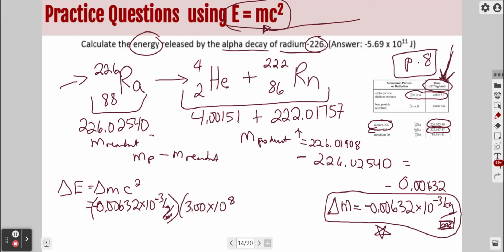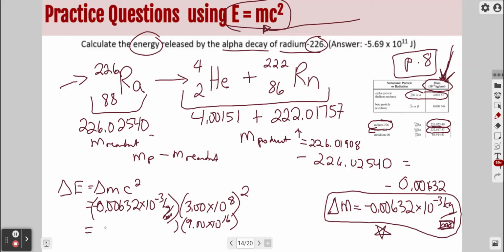If you forget, that's also from our last unit, on the electromagnetic spectrum page. What page was that? 4 or something like that? Okay, so square this number, multiply it by this mass, and see what you get. When you square that speed of light, you should get that number.